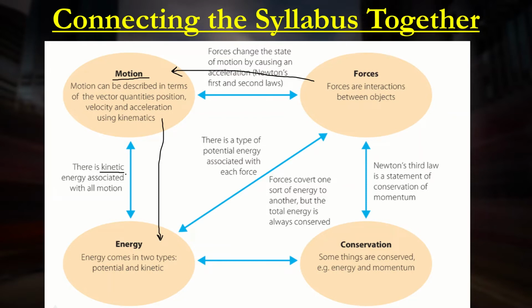But let's say I lift a book up in the air and then drop it. I'm storing gravitational potential energy, and when I release the book, the acceleration due to gravity will pull my object down. That's why energy and motion are related backwards and forwards with each other.